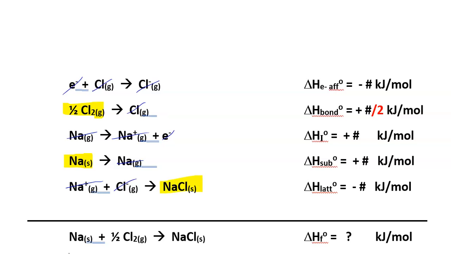And therefore, these add up to be this one. So these will add up to be the delta H of formation. Delta H of formation is going to be a negative value overall, because when you put these into an ionic crystal, it's a very strong compound, and therefore it's going to be a negative value, very stable.